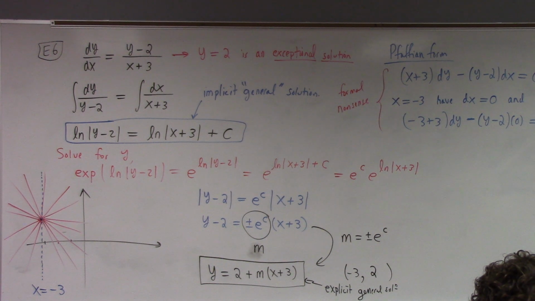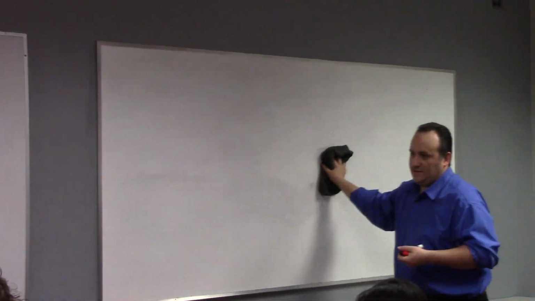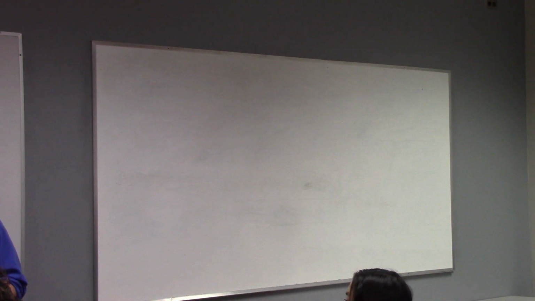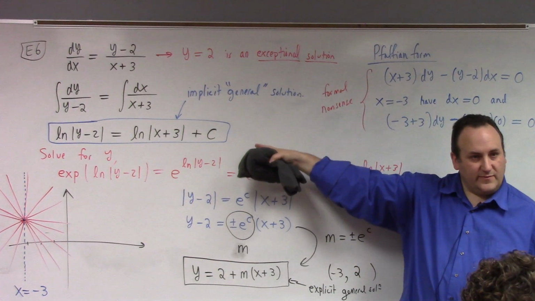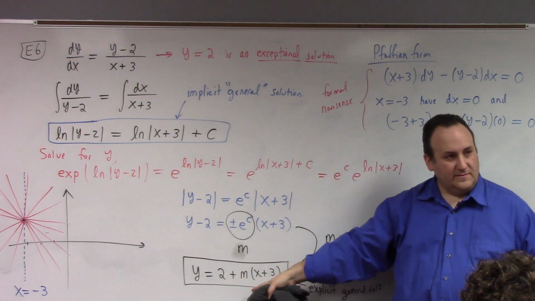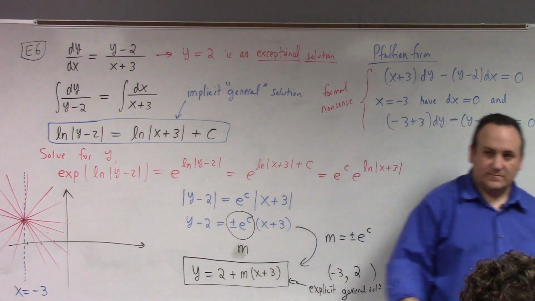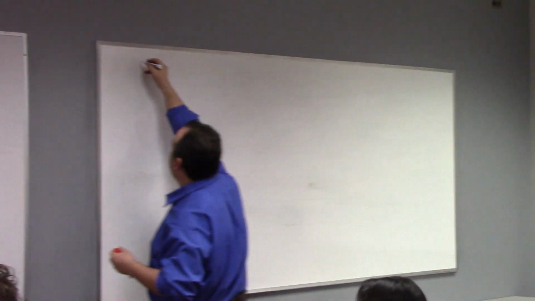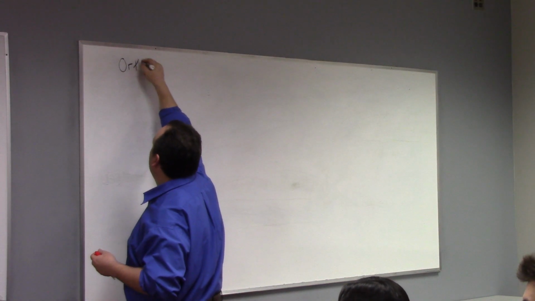I'll just add a constant. Unfortunately, you can't. You have to add the constant when you first did the integration, because the constant gets all intertwined with the algebra. Like here, see how the constant was added in the integration step, but through the algebra it ends up being multiplicative? That's interesting. So let's talk about orthogonal trajectories.